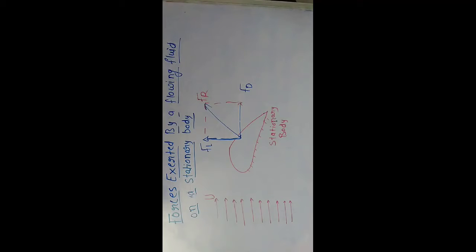Thus the total force is inclined to the direction of motion. So automatically you can see that between the direction of motion of the air and your total force, there will be some inclination.